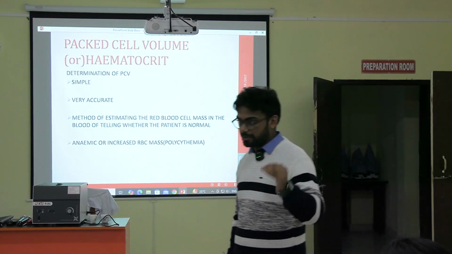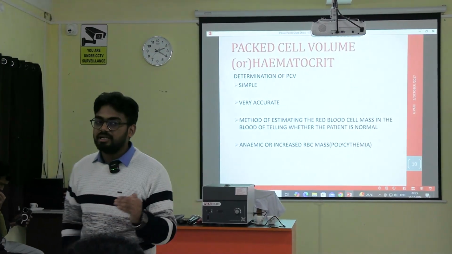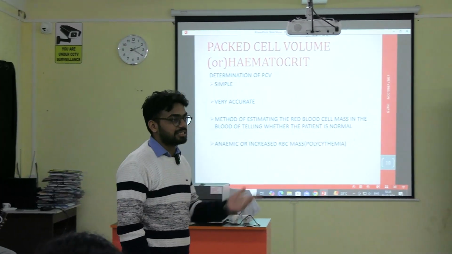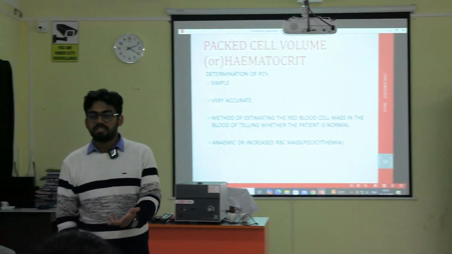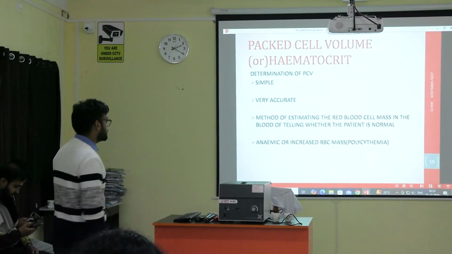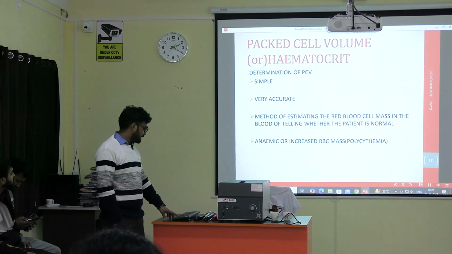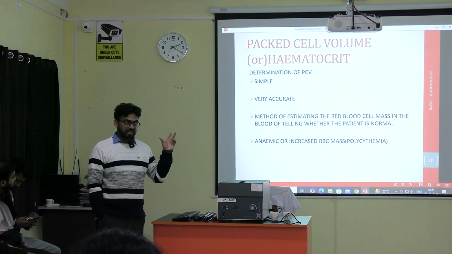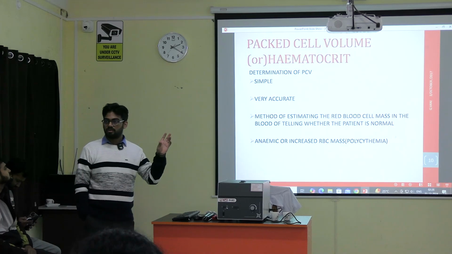If a person has anemia, he or she will have decreased PCV. Similarly, if blood cells are increased, like in polycythemia, PCV will increase. This is the clinical value: by knowing the PCV, we can say if the patient is anemic, polycythemic, or normal.